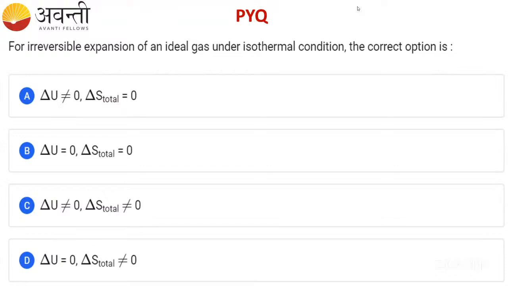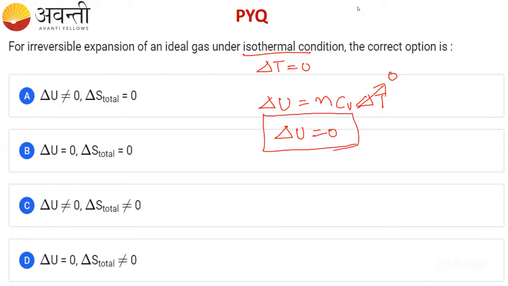Isothermal means delta T is equal to 0, right? And we know that delta U is equal to n C_V delta T. Here, if delta T goes to 0, delta U is also 0, because 0 into anything is 0. Delta U is 0 is given in options B and D, so either one of these should be the correct one.